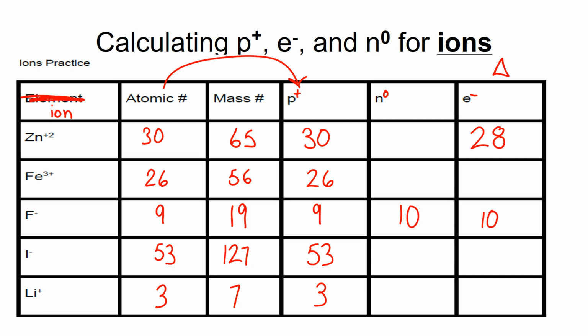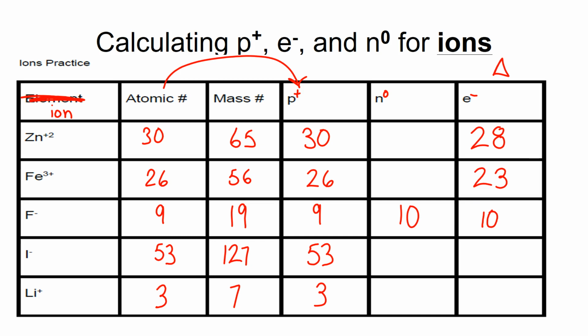Iron is a +3 overall charge. So how is that going to affect my number of electrons? It's going to have 3 fewer electrons, so 26 minus 3 is 23. All right.